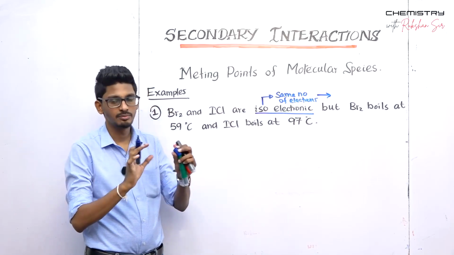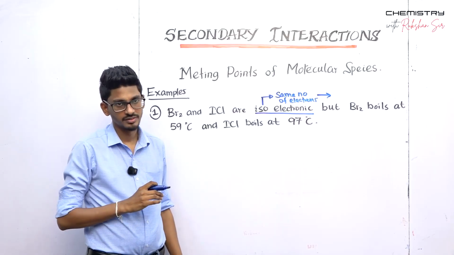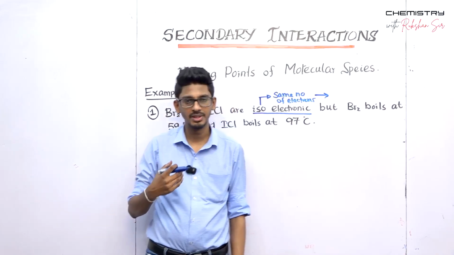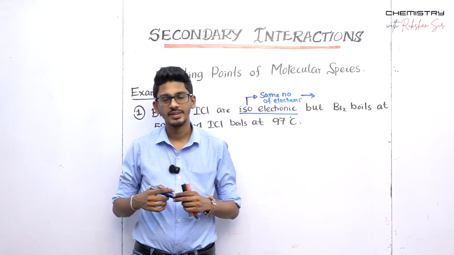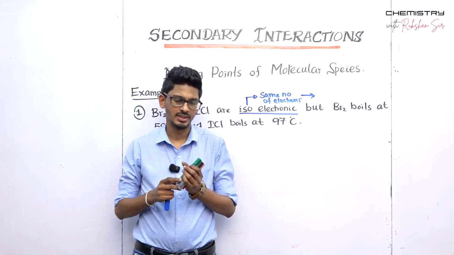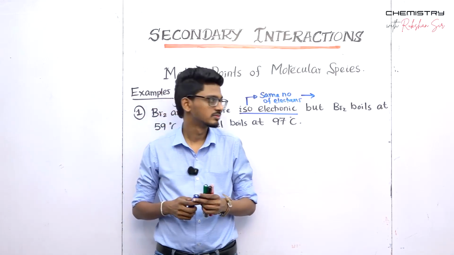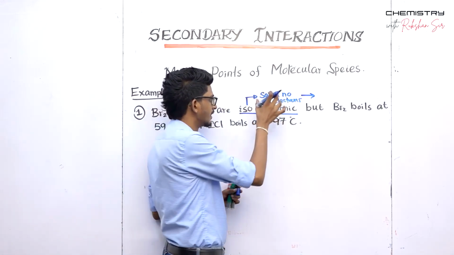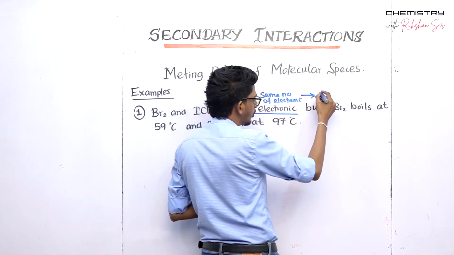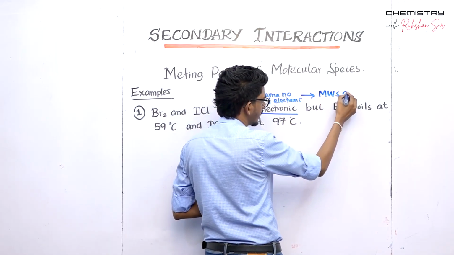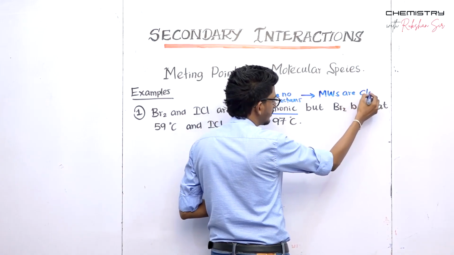Molecular weights are not that much different. The same number of electrons means the same number of protons in the nuclei, so almost the same kind of weight will be there, right? So as the same number of electrons are appearing, molecular weights are closely similar.